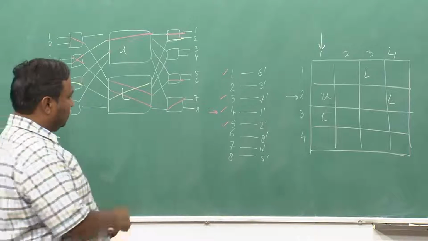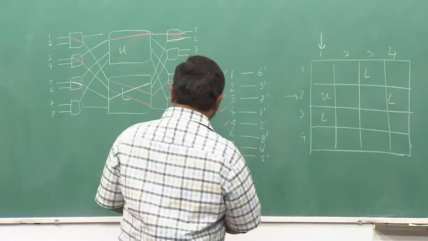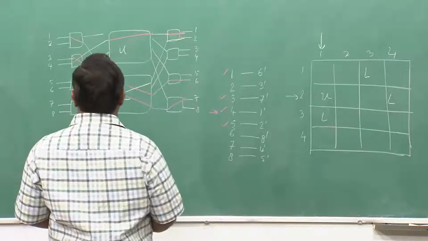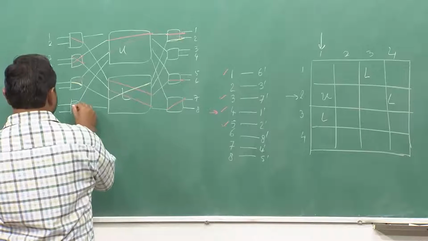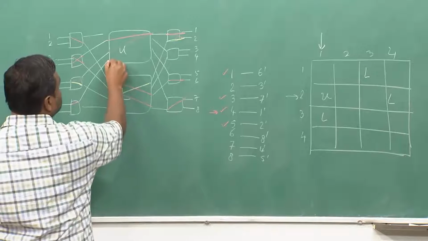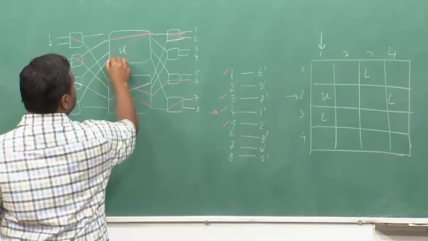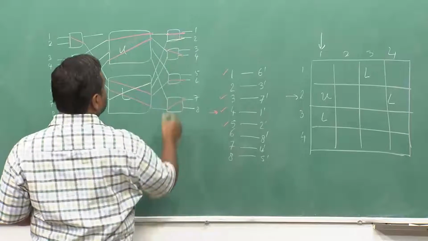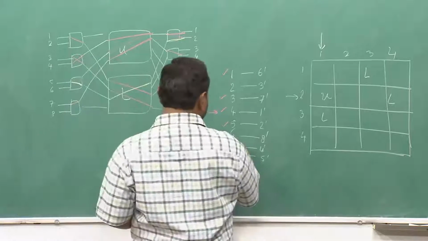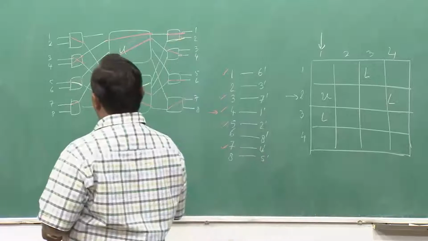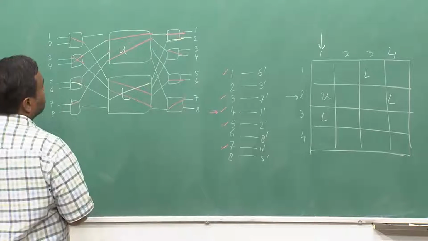And then I can set up 4 to 1. Then I can try 7 to 4. Two to 3, let me do.